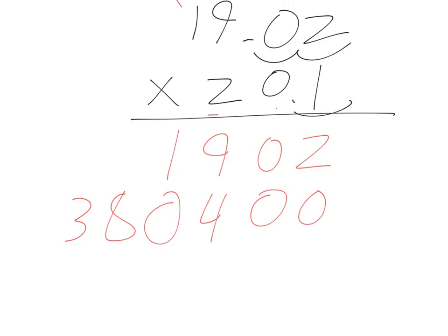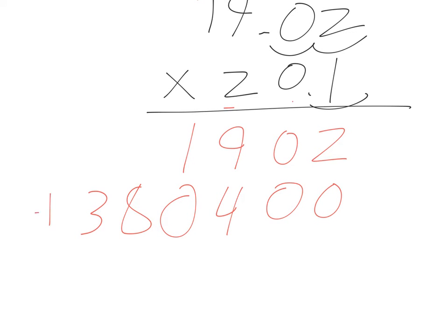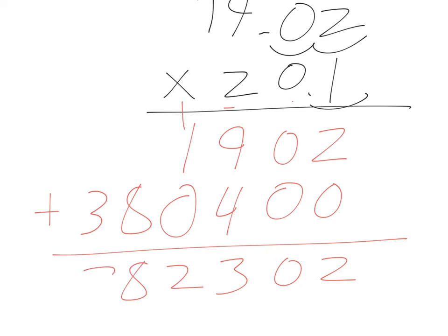Alright, now I add this all together. 2, 0, 13, 1 plus 2 is 2, 8, 3. I bring my decimal in 3 spots, 0.